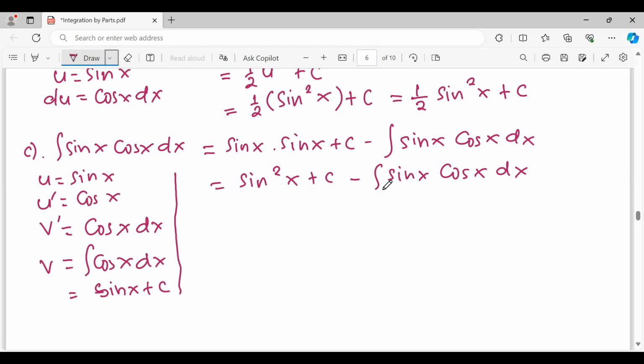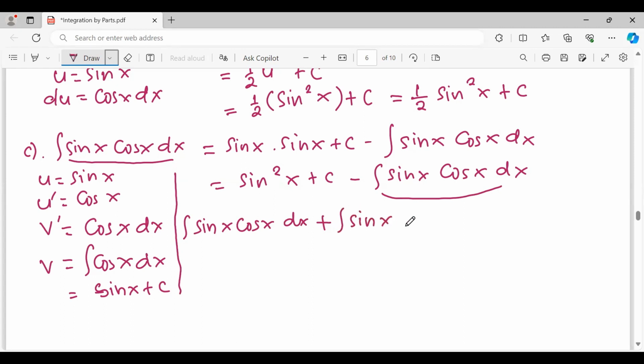So this part will move to the left, join with this part. This term becomes integral sine x cosine x dx plus integral sine x cosine x dx equals sine squared x plus c.